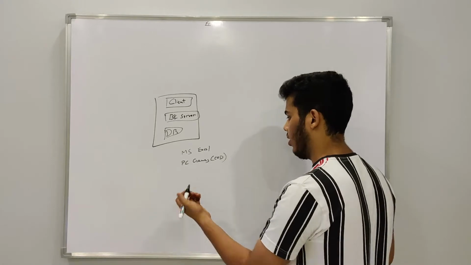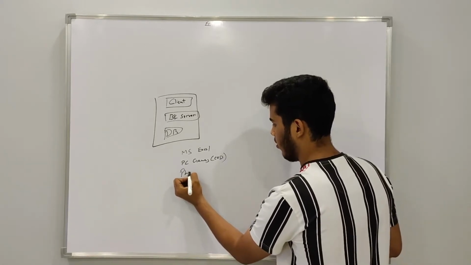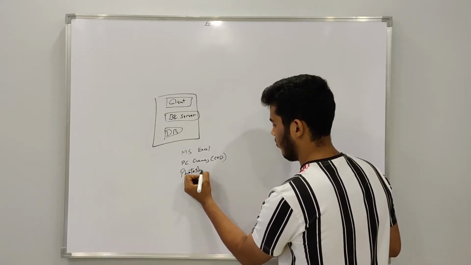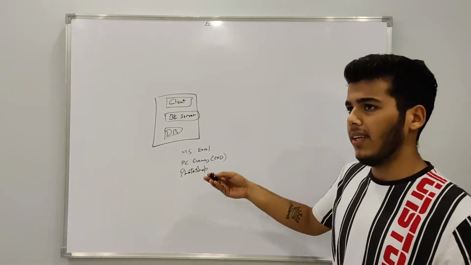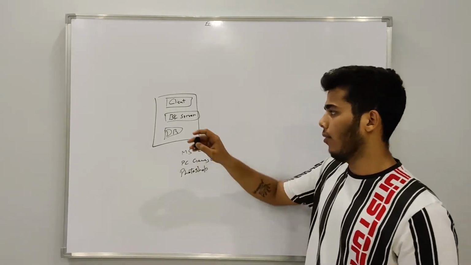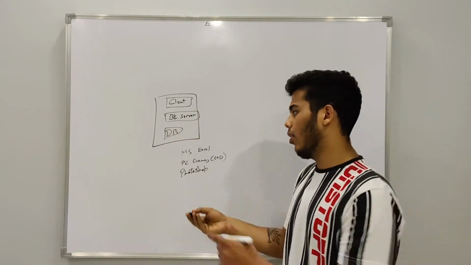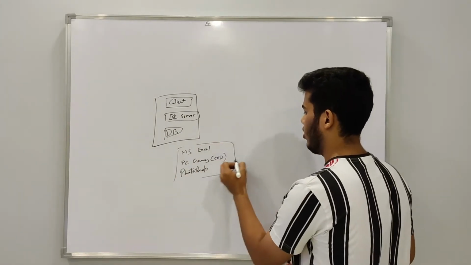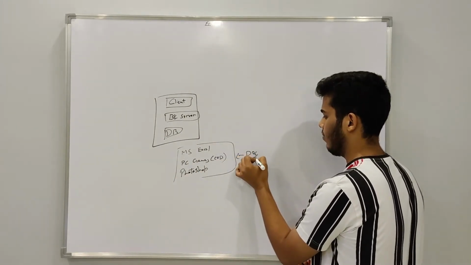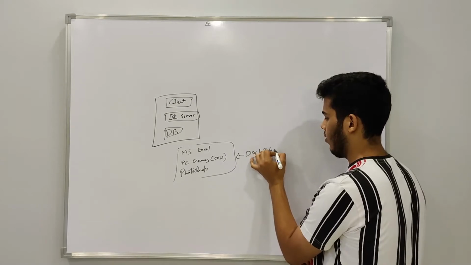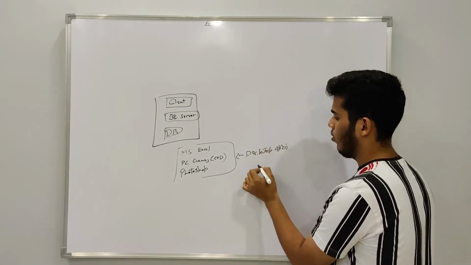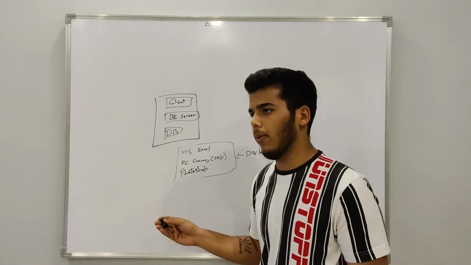You can also take Photoshop. These are all the basic examples of single tier architecture. All these are examples of desktop applications.